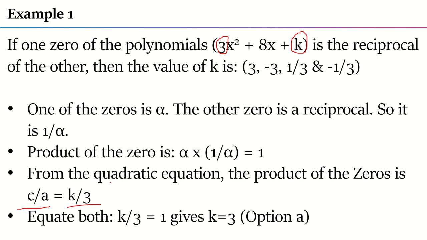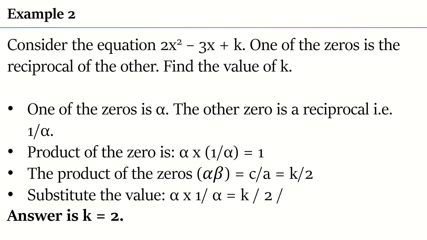Now you need to equate the product of the zeros from the quadratic equation and the product you get by multiplying alpha into 1 by alpha, which is 1. So k by 3 is equal to 1, which gives the value of k as 3. So option A, 3 is the right answer.